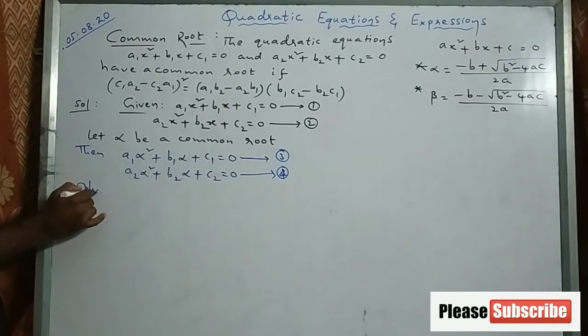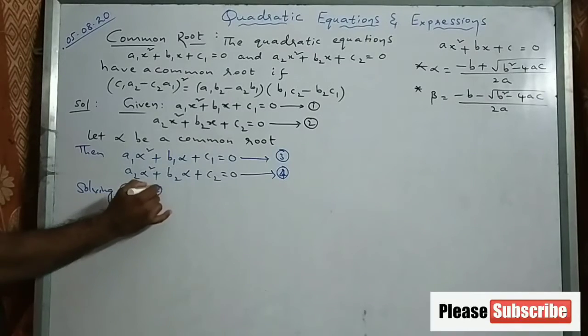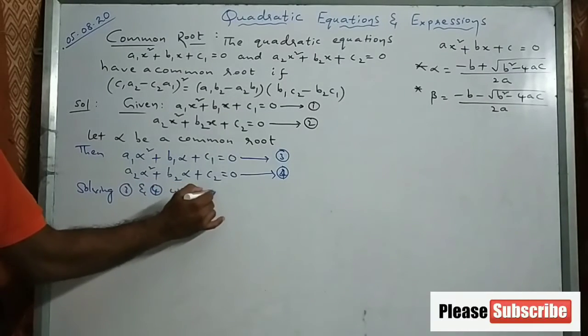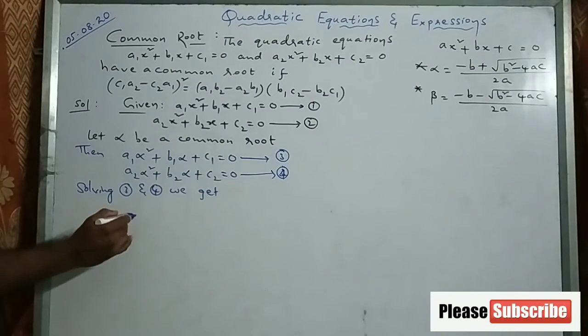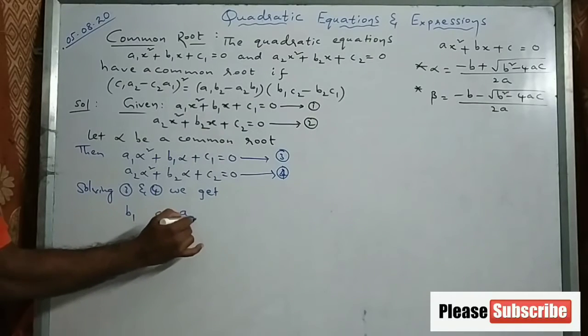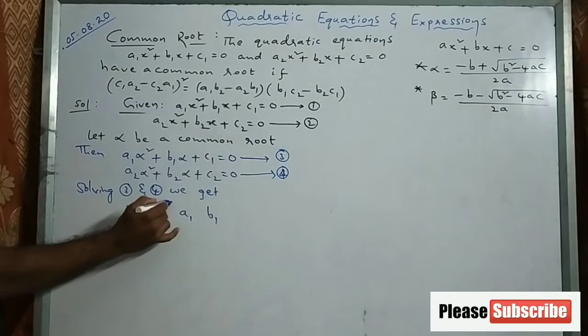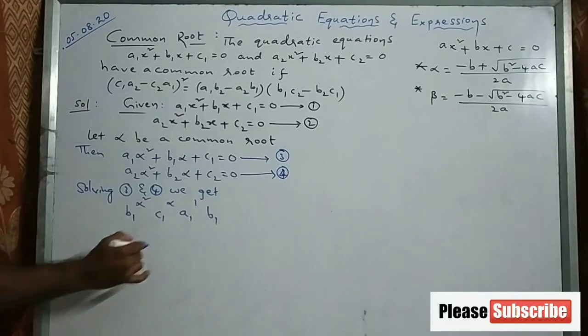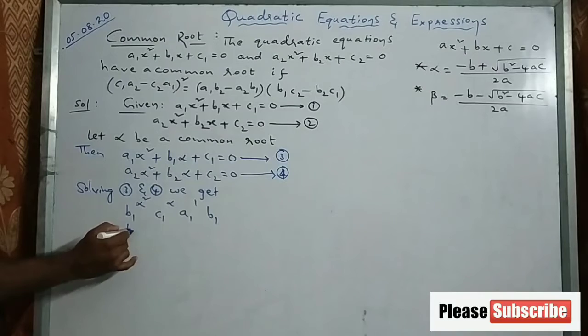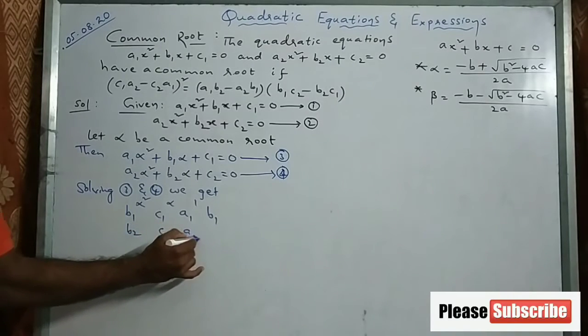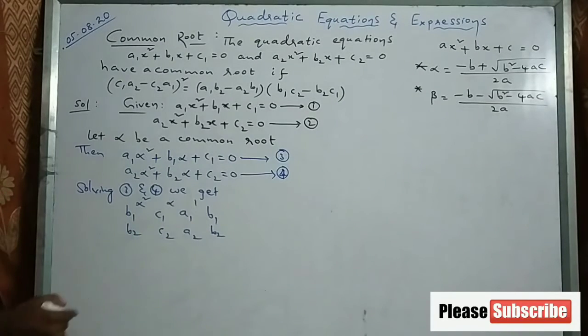Solving 3 and 4, we get, you know the method of cross multiplication. First write b1, c1, a1, again b1. So here I write alpha square, alpha and constant, right? Now here b2, c2, a2, b2.